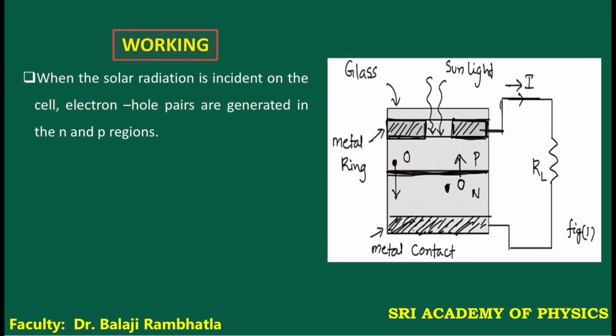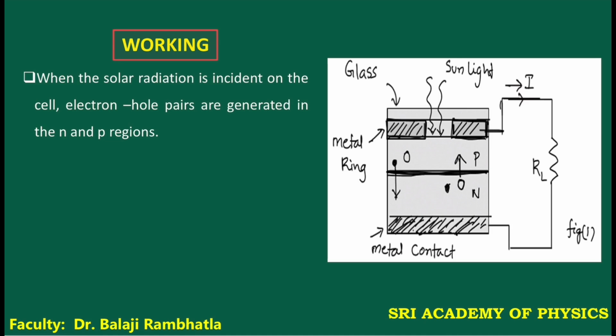And due to the electric field across the depletion region, the holes in the N region move towards the P region, and the electrons in the P region move towards the N region. So here the holes are moving from the N region to the P region.